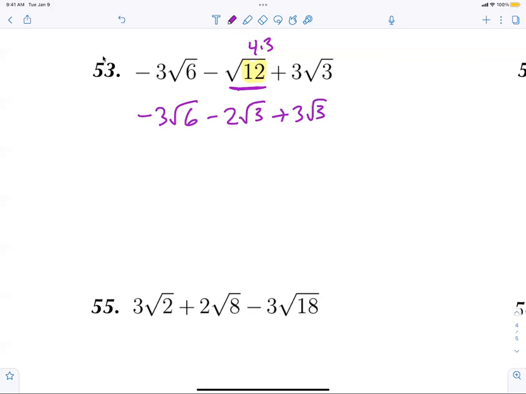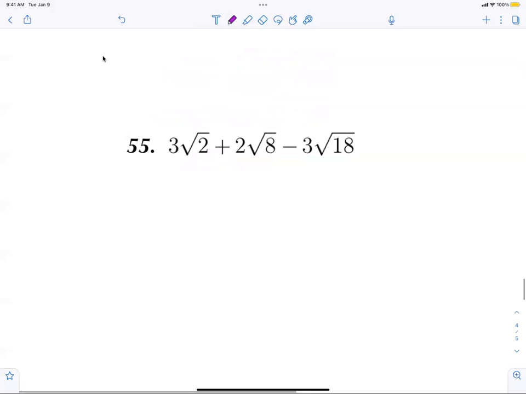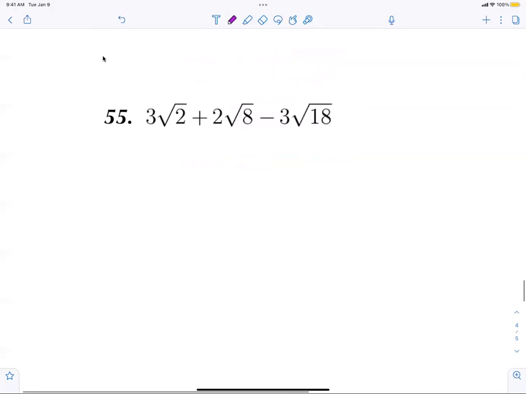All right, so someone tell me the final answer here. There you have it. Negative 3 radical 6 plus radical 3. Anybody have any issues with that? Anybody? All right, so let's knock out 55 and call it a day for me anyway.